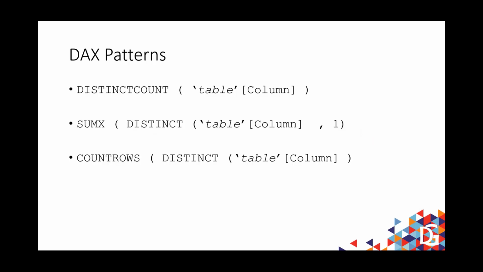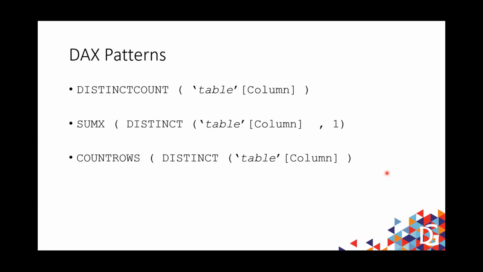Another DAX approach that I have seen is to use the count rows function and do something similar, like count the number of rows of the distinct table column. If you look at this particular approach and study the logical and physical plans that get generated, you'll find that the DAX engine is smart enough to rewrite this approach to effectively produce the same query plans that would be generated if you were to use the other approach. 99% of the time, that's what will happen.